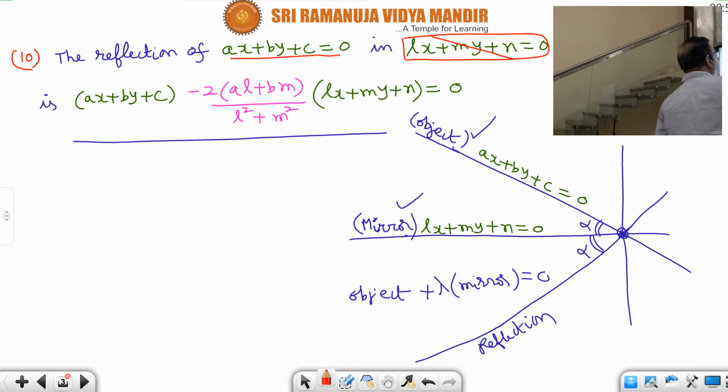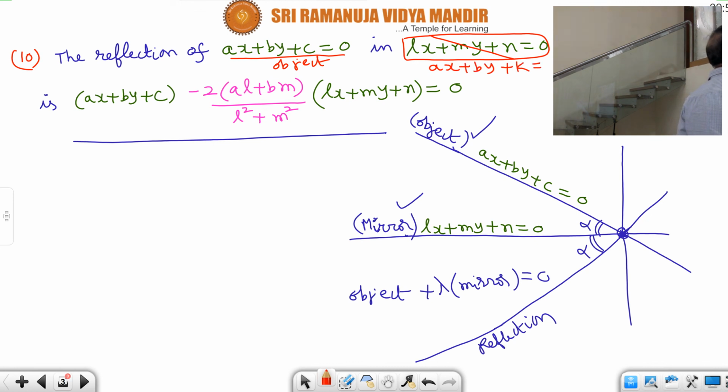This is the object line, is it not? Reflection of the object line. The mirror line, I want to remove it. Somebody suggest a parallel line? Prabhav, give me the equation of a parallel line. Very good.